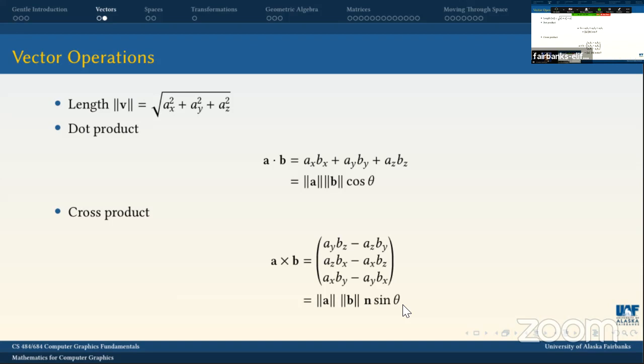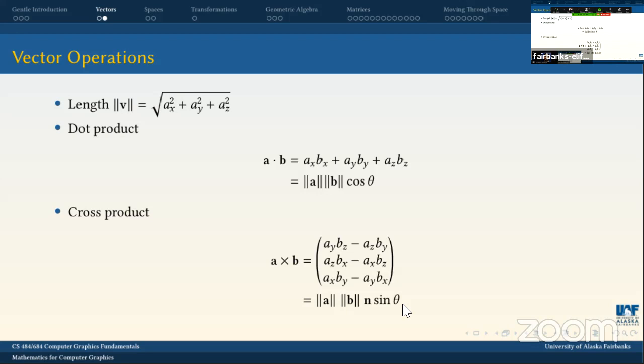So if you're trying to find out what direction a polygon was pointing, you can construct two edges out of the triangle's 3 vertices, take the cross product of those 2 edges, and that'll give you the face normal for the polygon. So cross product is very important, and dot product is very important as well.